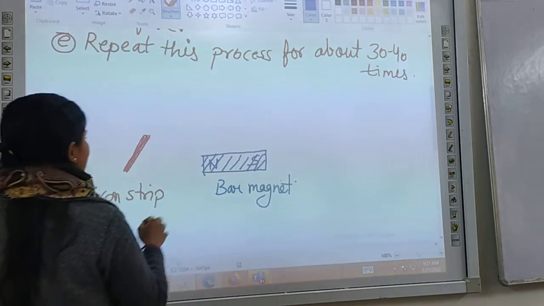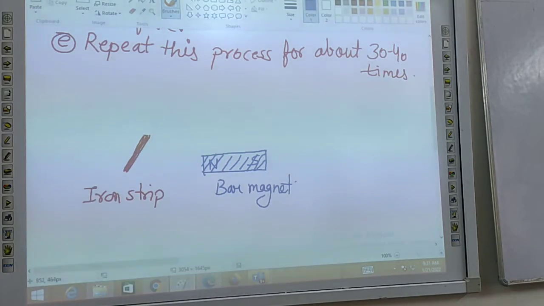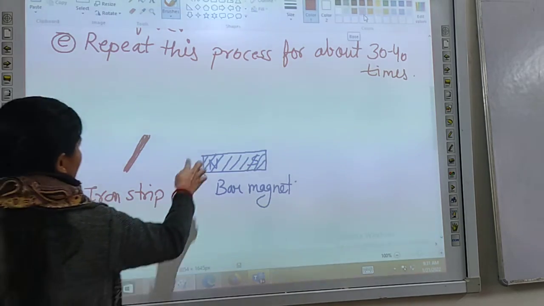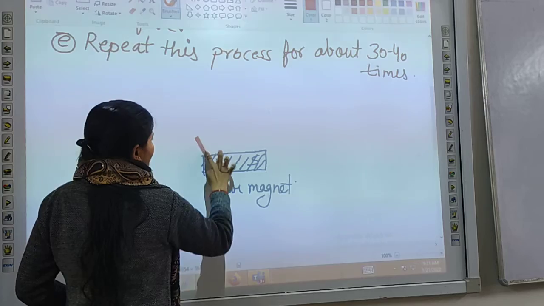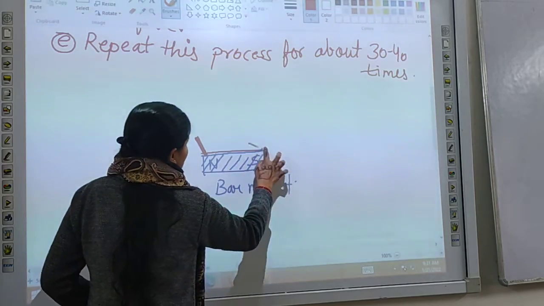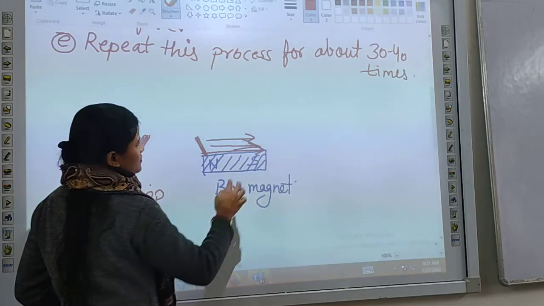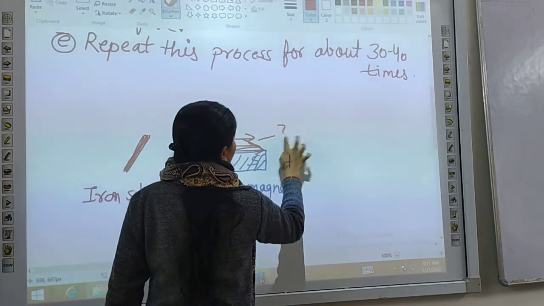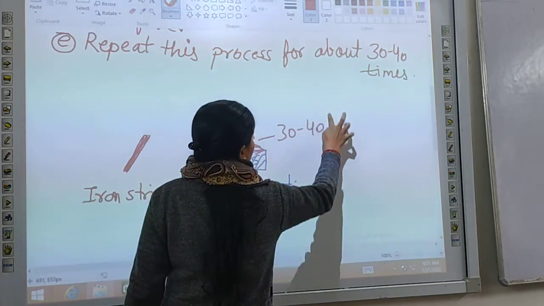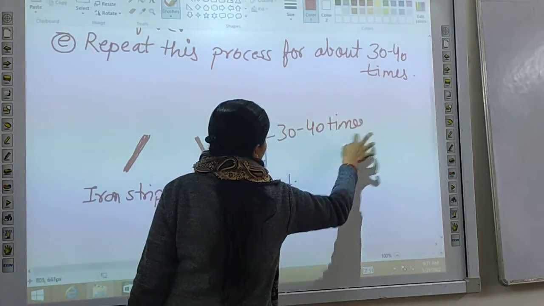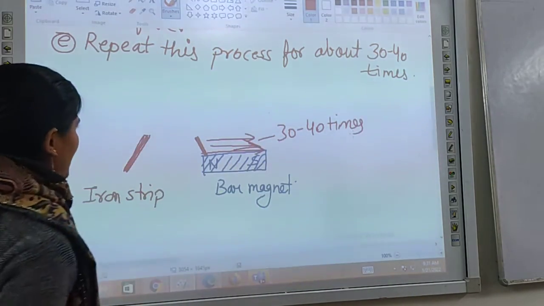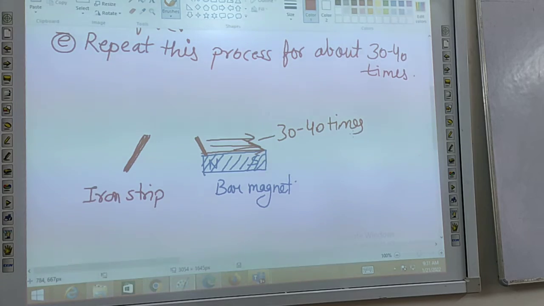We have to rub the iron strip in the north to south direction. We have to repeat this process for about 30 to 40 times.